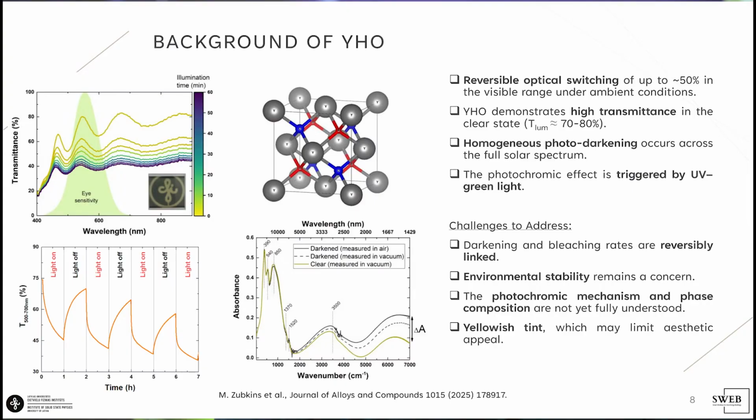At the bottom on the left side, you see the photochromic cycling. We illuminate the material for 1 hour and then switch off the light. In this example, you see the contrast is around 30%.